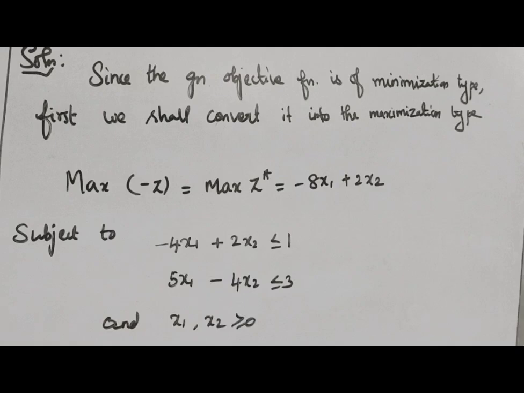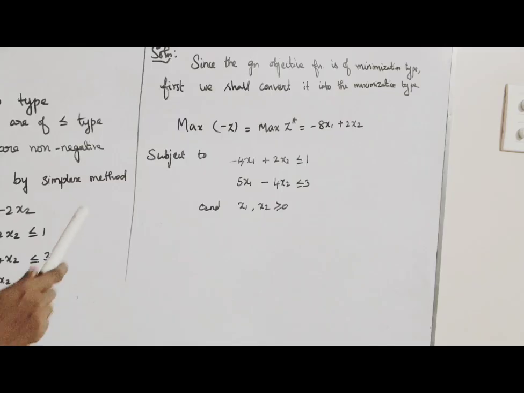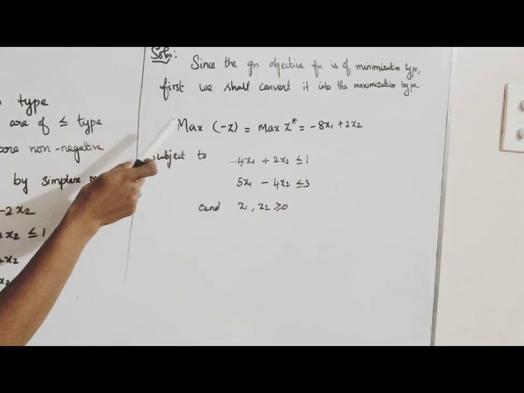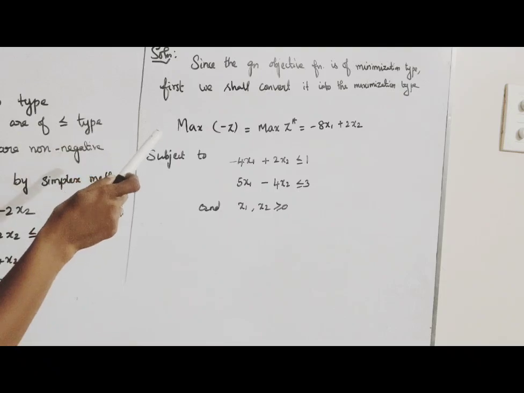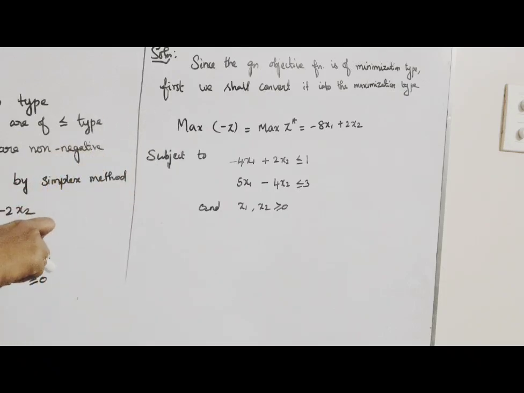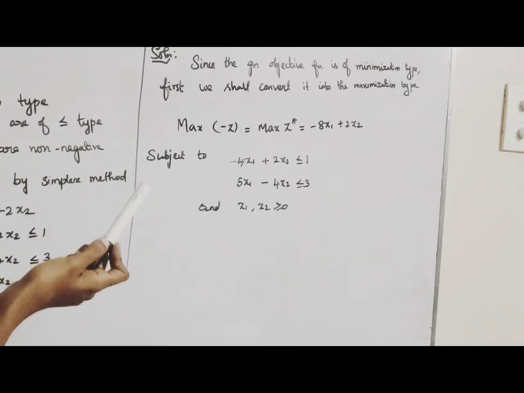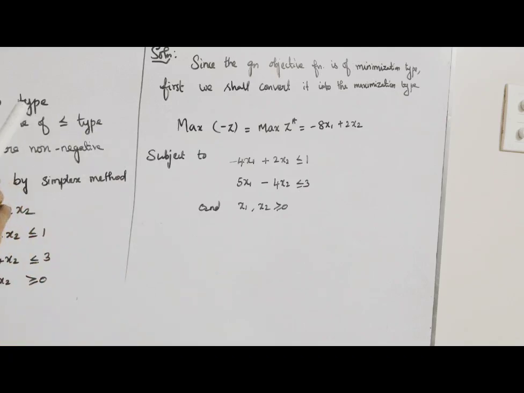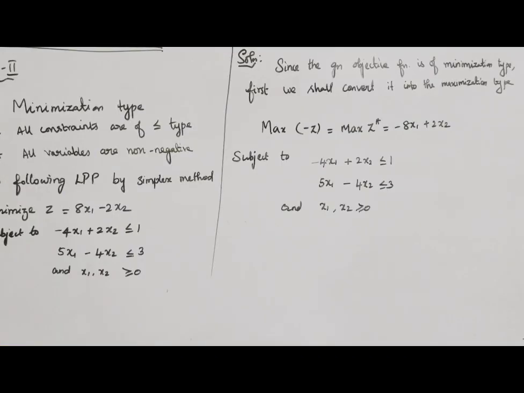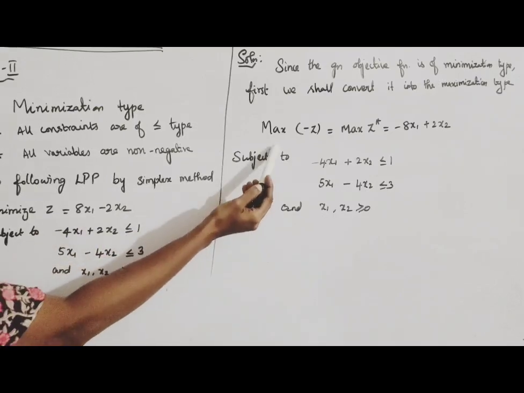Since the objective function is of minimization type, first we shall convert it into a maximization type. How can we convert it? While converting minimization to maximization, we multiply -1 on both sides. On the left hand side, minimization becomes maximization and z becomes -z.